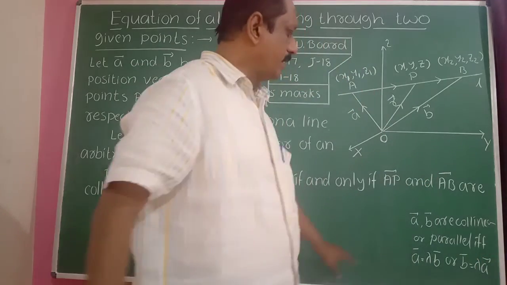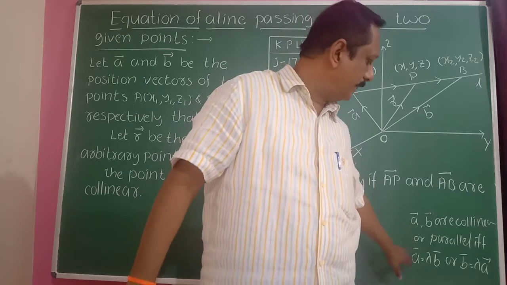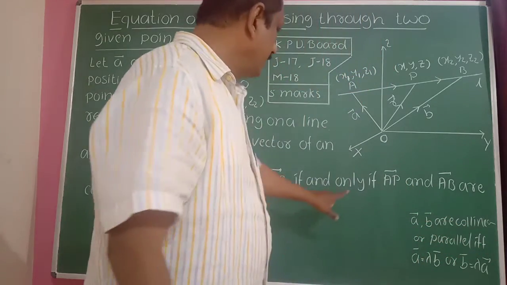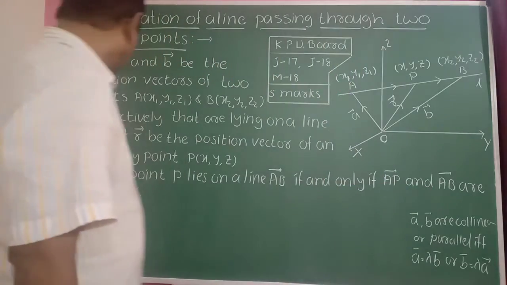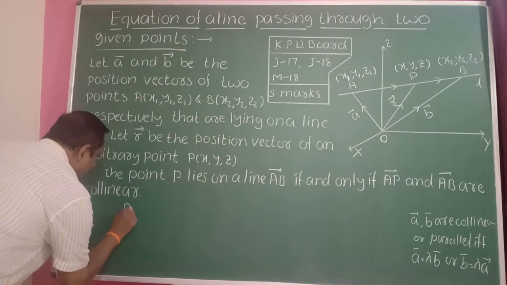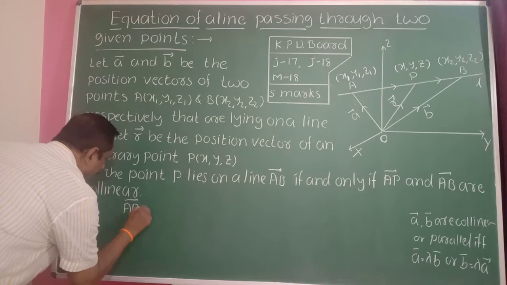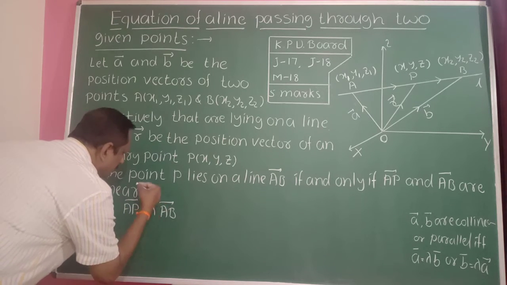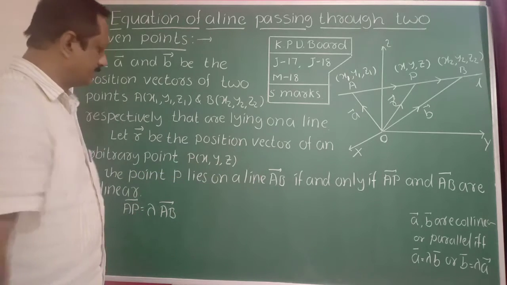Two vectors are collinear or parallel if A bar equals lambda B bar or B bar equals lambda A bar. Here AP and AB are collinear, hence the vector AP is equal to lambda into the vector AB. We are using this result here.